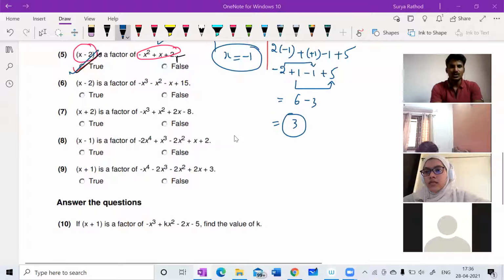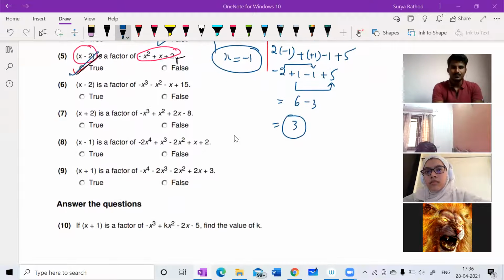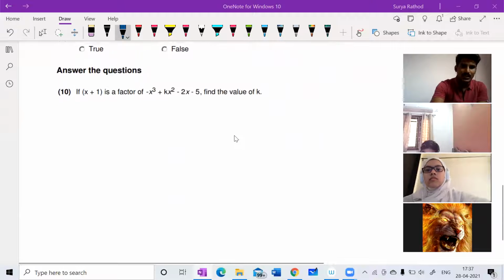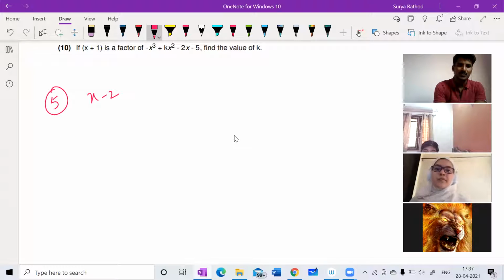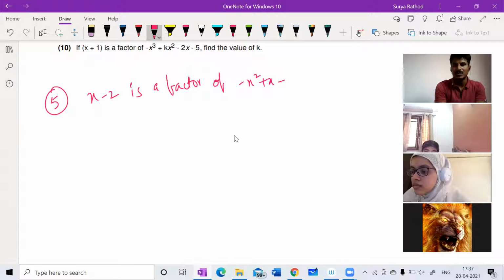Sir, can you explain the fifth question? Yes, sure. The fifth question says that x minus 2 is a factor of minus x square plus x plus 2.